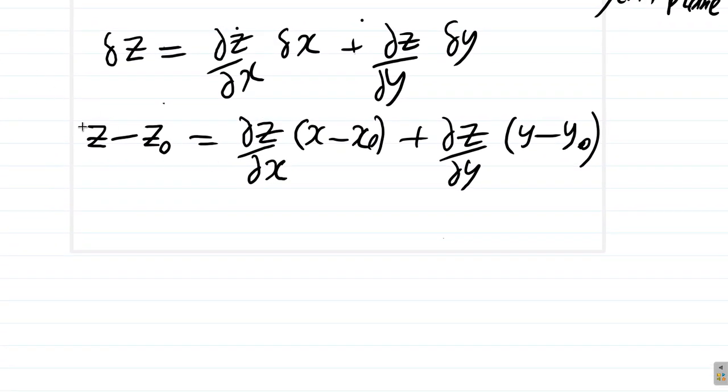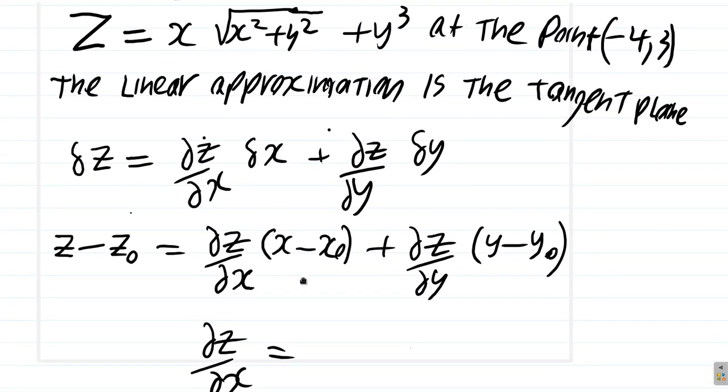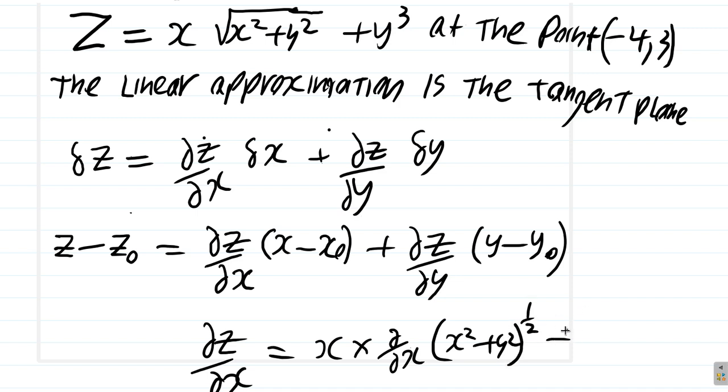So what is delta z by delta x equal to? In differentiating this, you use the product rule: hold x as it is, times differentiate this with respect to x. So partial by partial x of, let's rewrite this as x squared plus y squared to the power of a half plus y cubed.